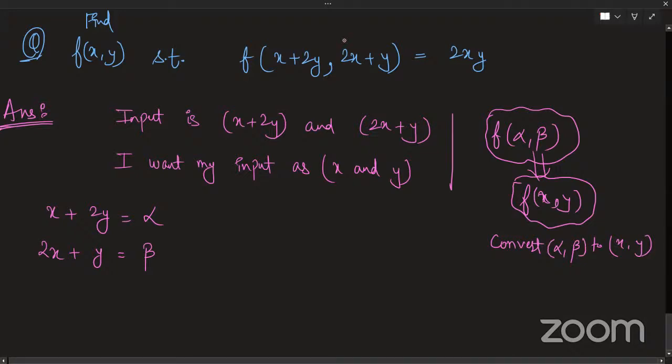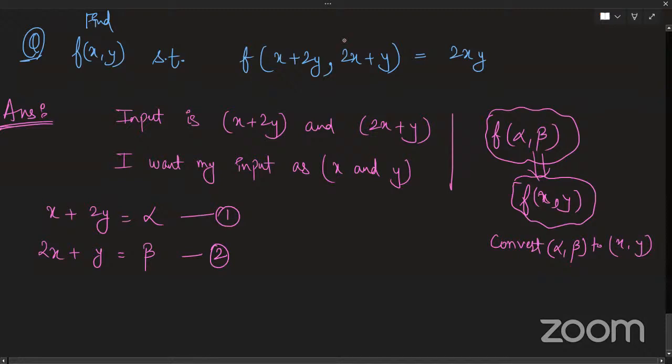So can you help me? I have two equations and two unknowns. This is my equation 1, this is my equation 2.